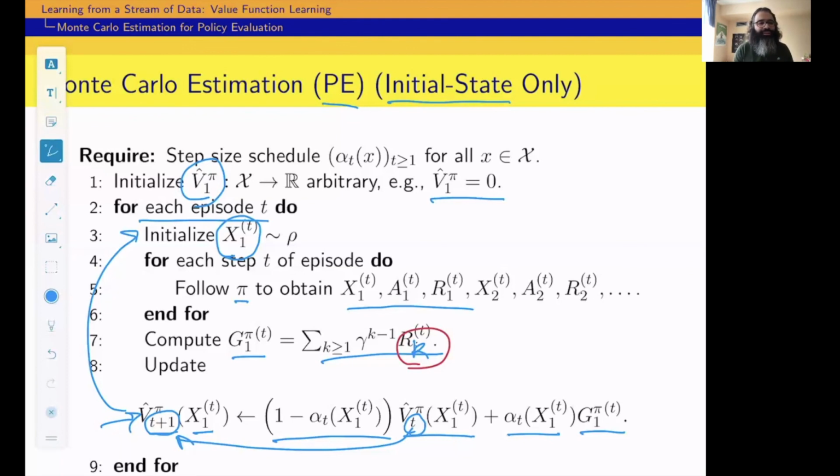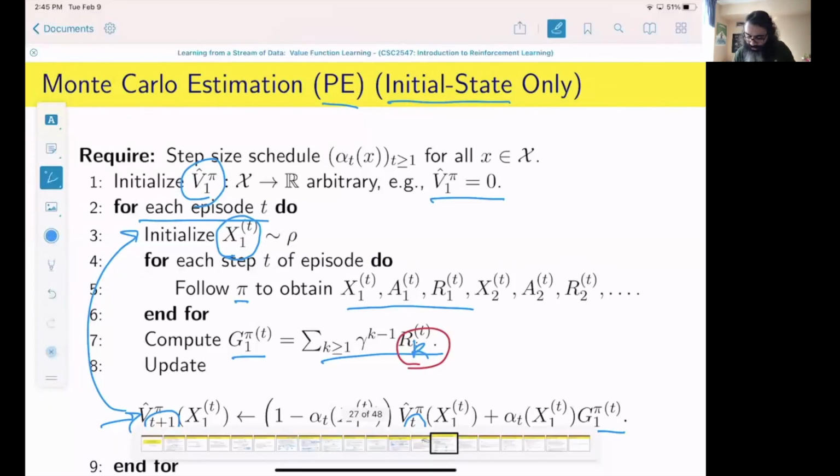And the other is to have G of k for all k larger than 1. So here, the idea is that instead of just using G of 1, we can use G of some other index, say i, for i larger than 1. I could update it for all those states.